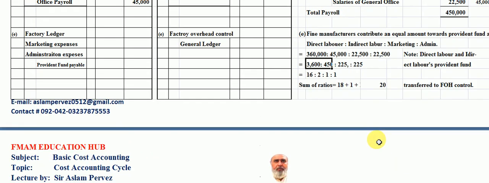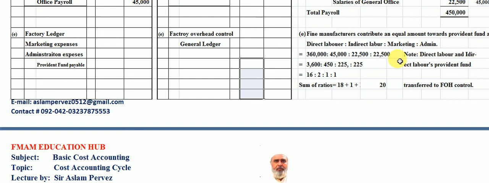Friend, the ratio among the costs is: direct labor cost is 3,60,000 rupees, indirect 45,000 rupees, marketing and admin are the same cost, 22,500 rupees here.